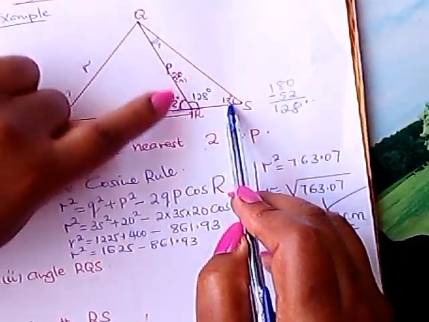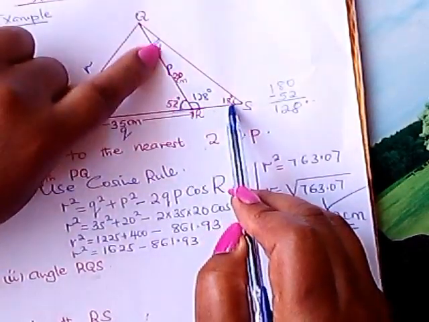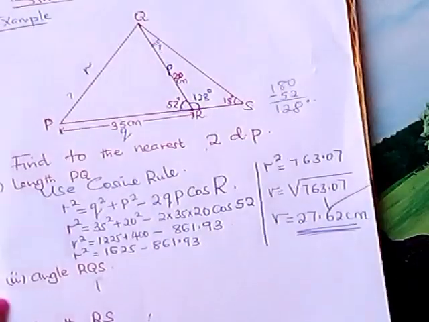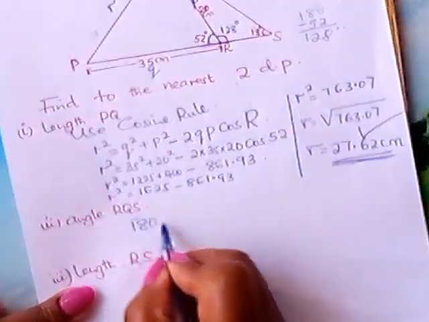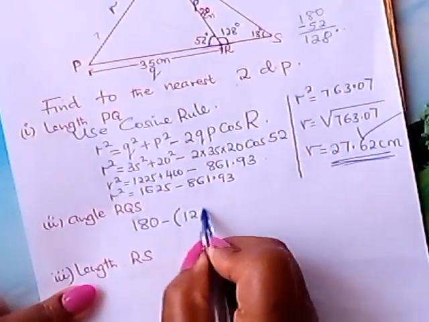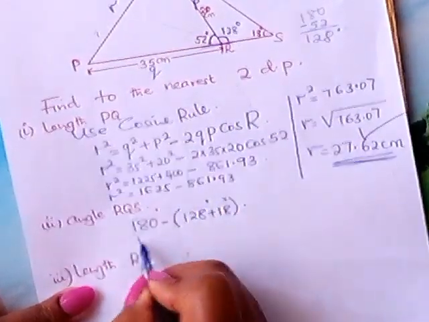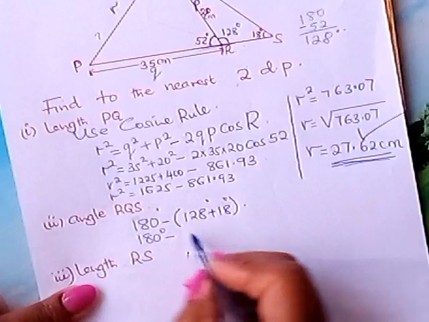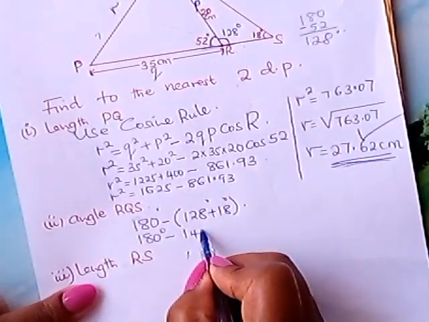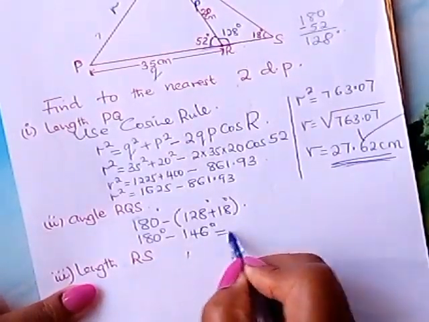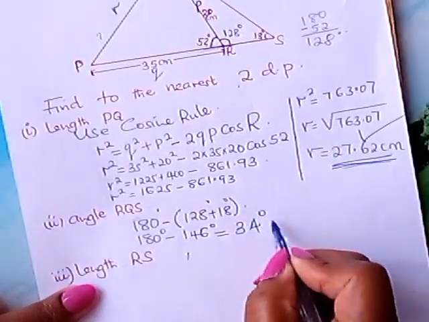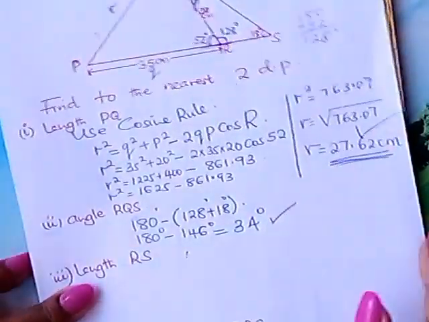So you talk of 180 minus the sum of the two angles that are already there. This is 180 minus 146 degrees, which gives you 34 degrees, learner.